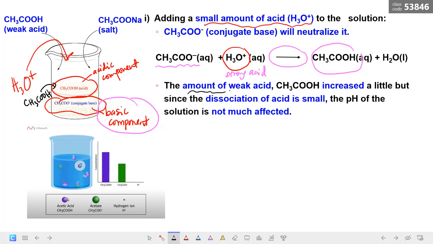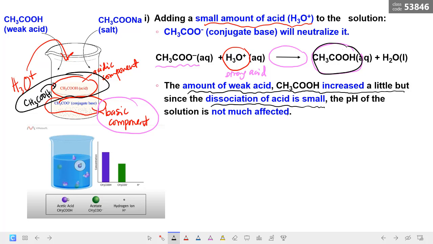So, the amount of weak acid in the solution increase a little. Okay, bertambah sedikit. Sebab apa? Tambahan daripada neutralization reaction ni tadi. But since the dissociation of acid is small, maksudnya kita tahu acetic acid kat dalam ni dia tetap mengalami dissociation yang terlalu sedikit itu.